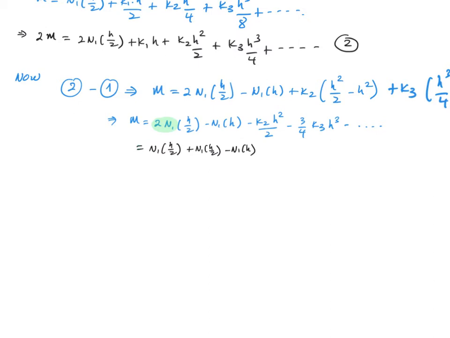So therefore here we just rewrite it. So this will give you this match. You'll see why this is going to be very important later. And then this is minus k2 h squared over 2, minus 3 over 4 k3 h cubed, and then it keeps going.